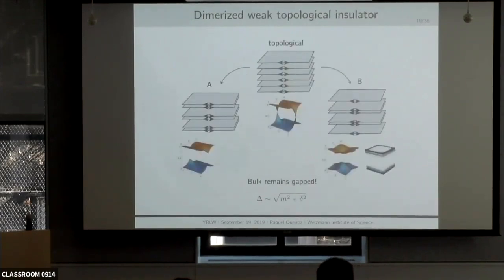So now, we know that this weak TI is a proper topological phase. The Wannier spectrum is closed; there is spectral flow. But if we break translation symmetry, if we dimerize it, and we can dimerize it in two different ways, we are going to break this flow and gap out the Wannier bands. And we can do this in two ways.